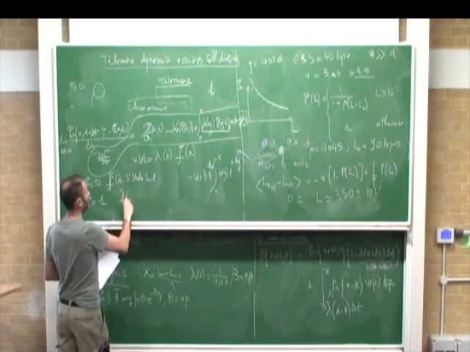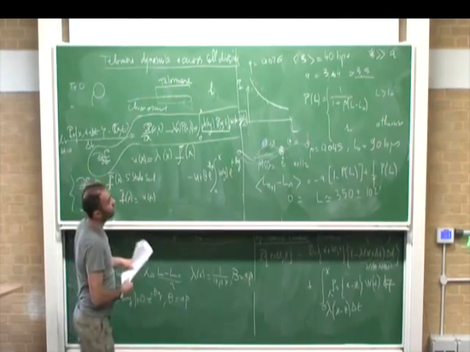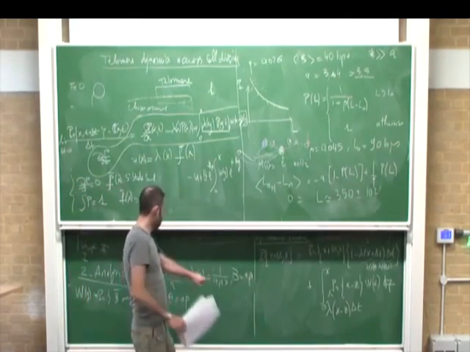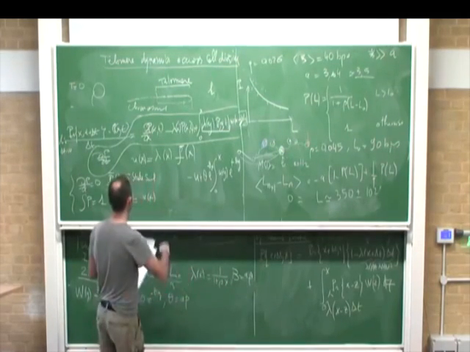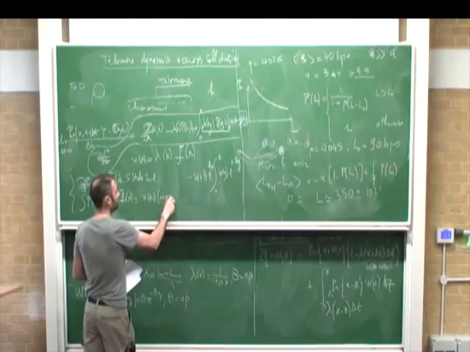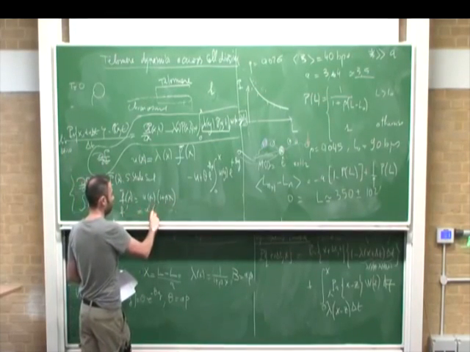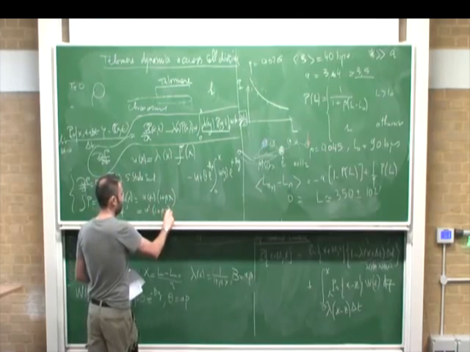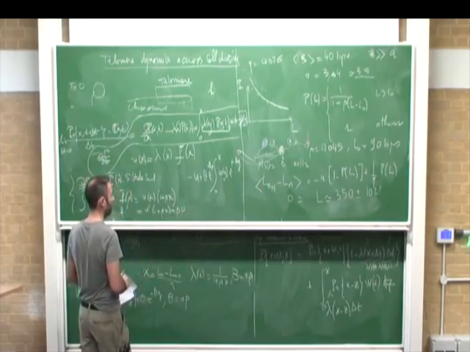So f tilde of x, this is u of x multiplied by lambda, but lambda is 1 plus this, so 1 divided by lambda is 1 plus beta x. So it's very easy when you differentiate this. This is just the derivative of this plus beta u, correct?